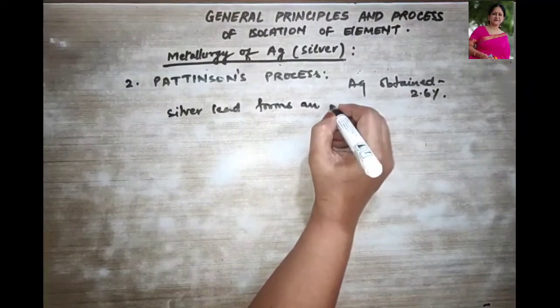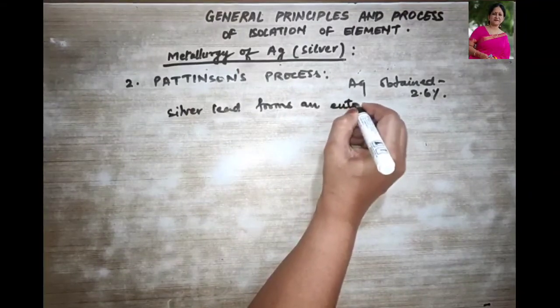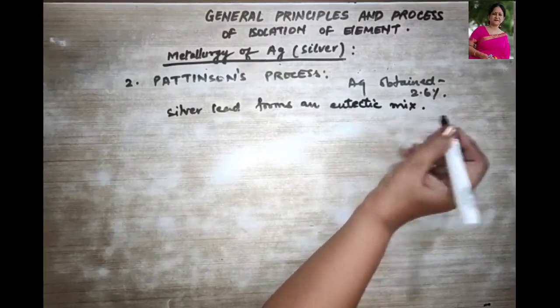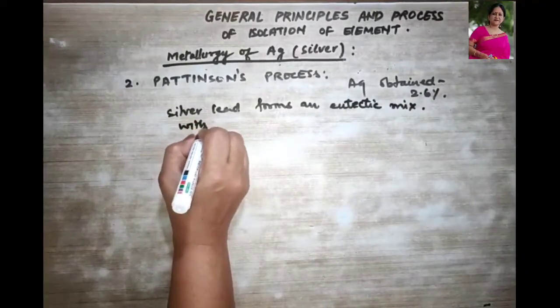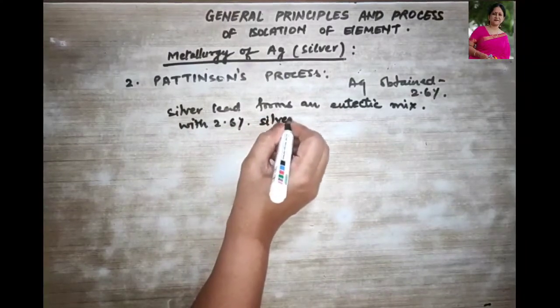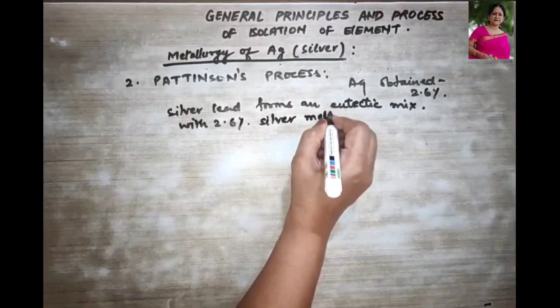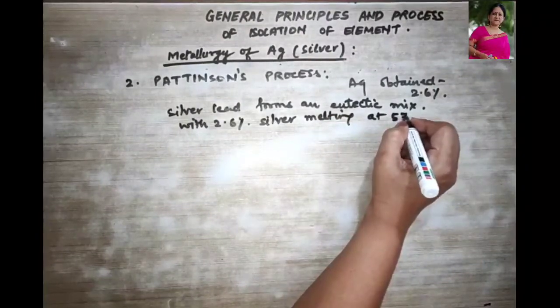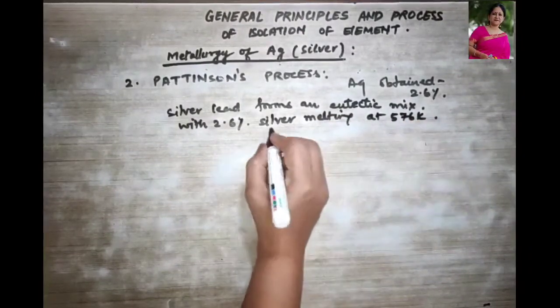It forms an eutectic mixture with 2.6% silver, melting at 576 Kelvin, right?